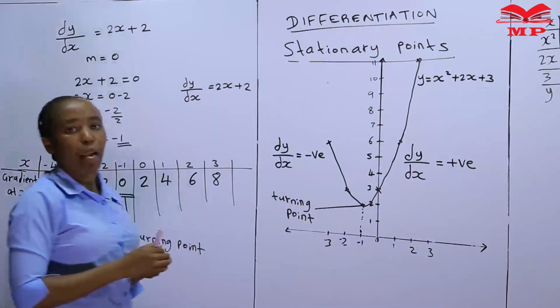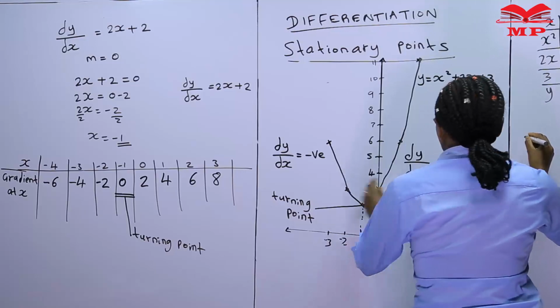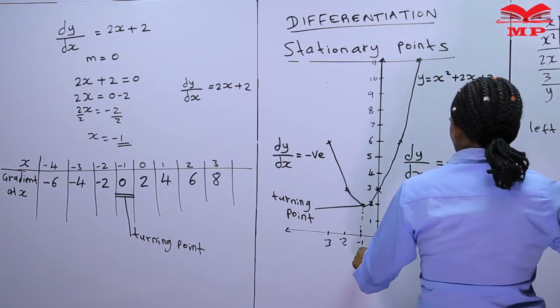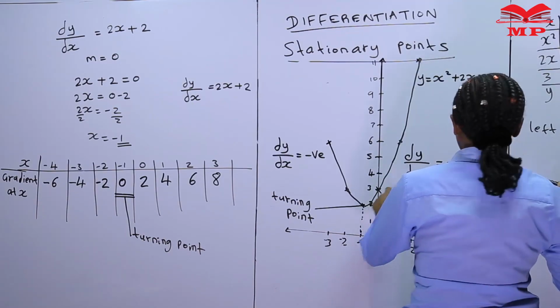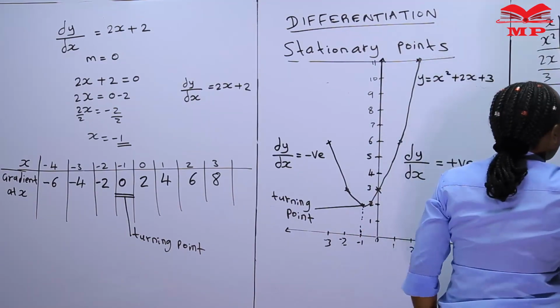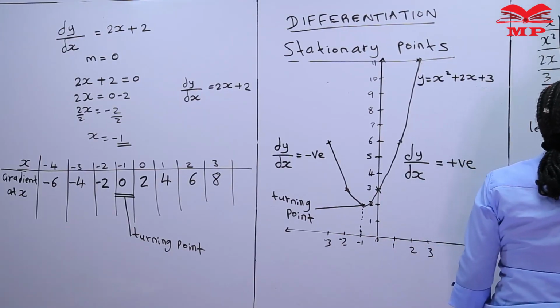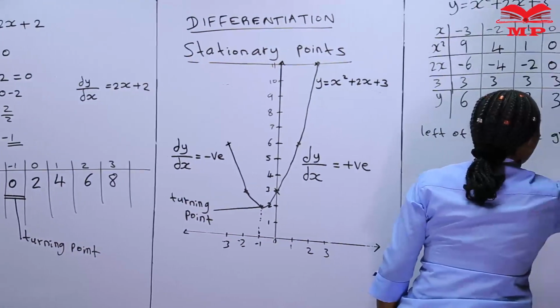All the values are positive, meaning that we have negative on the left of this point, that is -1, and on the y we have 2, so the point (-1, 2). On the left of this point, the gradient is negative.